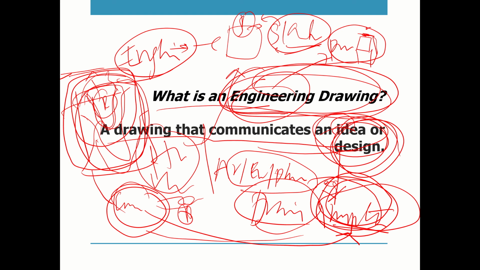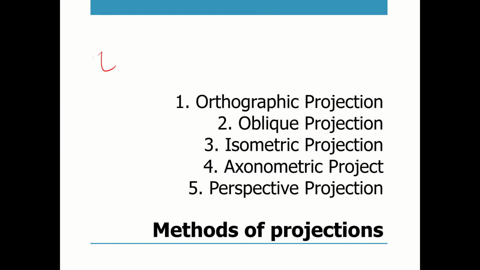the subject is relevant. If you go directly into the subject, there are 5 components mentioned in your syllabus. The first one is orthographic projection, the second is oblique projection, the third is isometric projection, the fourth is axonometric projection, and the fifth and final one is perspective projection.